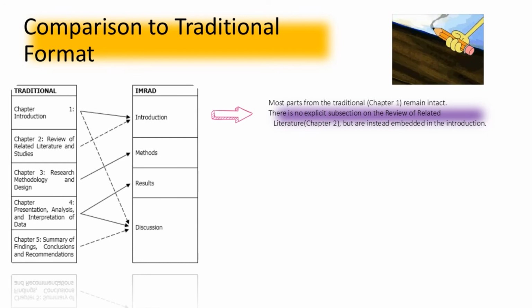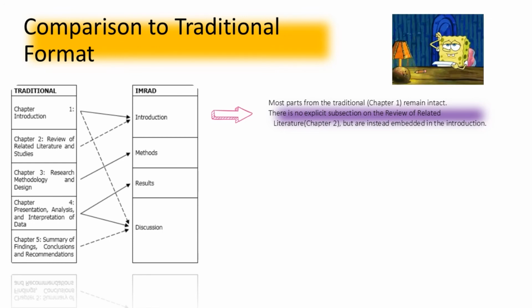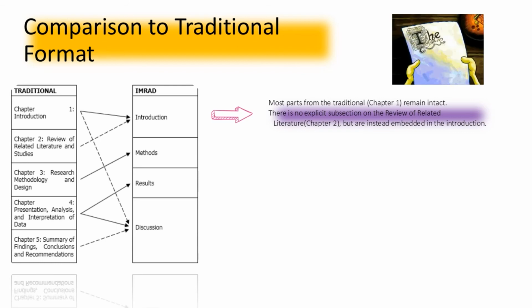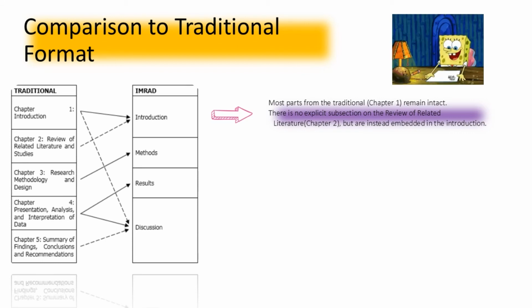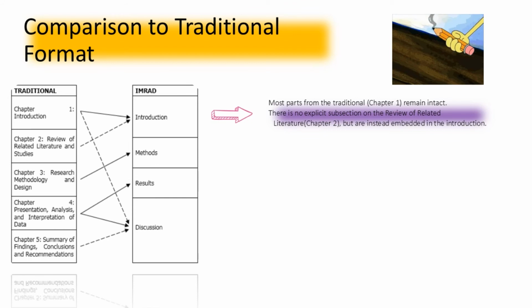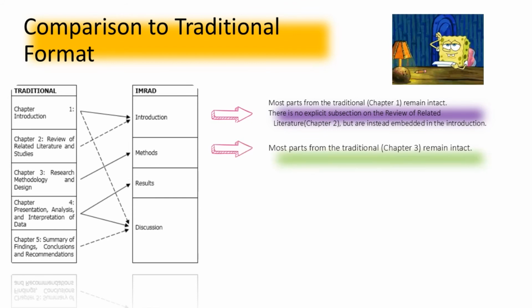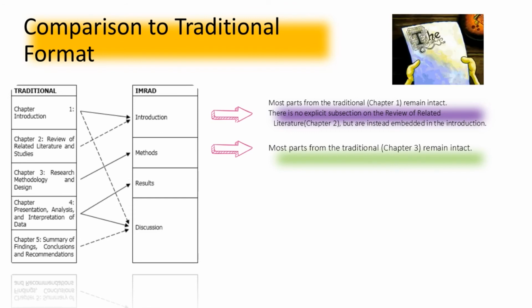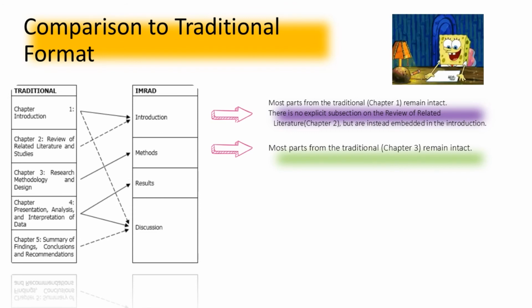As you can see, in the introduction of the IMRAD format, most parts from the traditional chapter 1 remain intact. There is no explicit subsection on the review of related literature or chapter 2, but it is instead embedded in the introduction. So in short, you can still put your RRL or some of the RRL and RRS in your introduction.